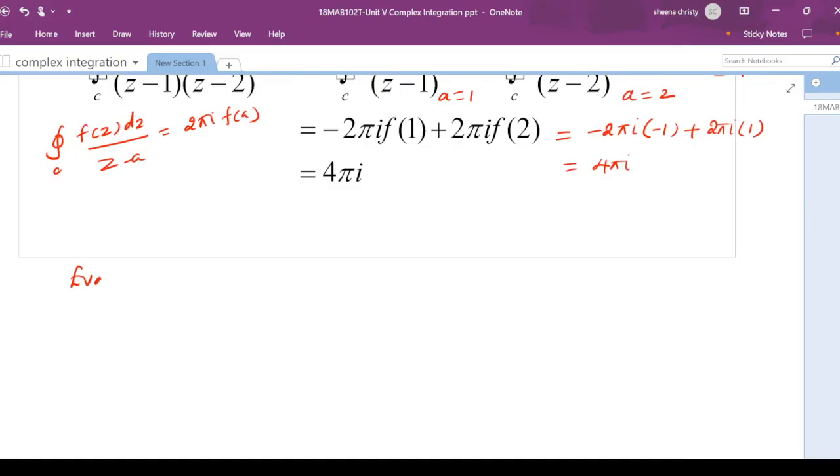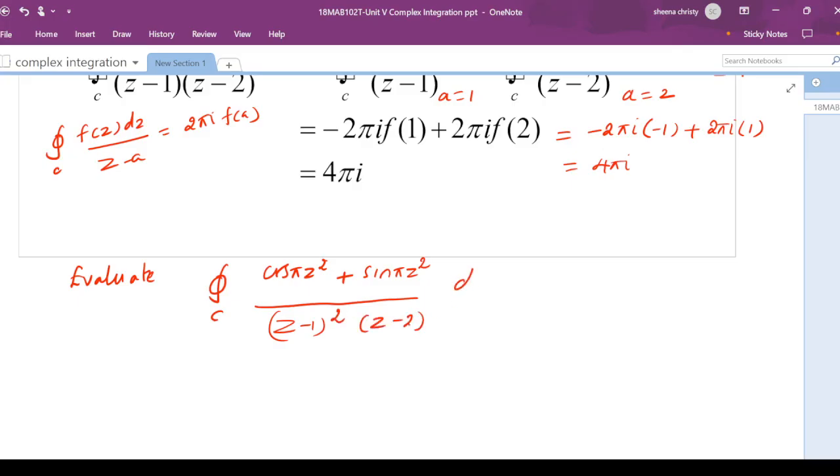Evaluate the same previous problem, but I am going to consider it in this manner: integral over the contour C of cos pi z square plus, let us take it as, sin pi z square divided by (z minus 1) the whole square into (z minus 2) dz, where C is mod z equal to 3. You all know what mod z equal to 3 is.